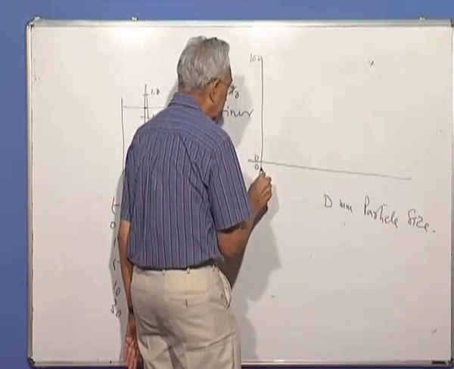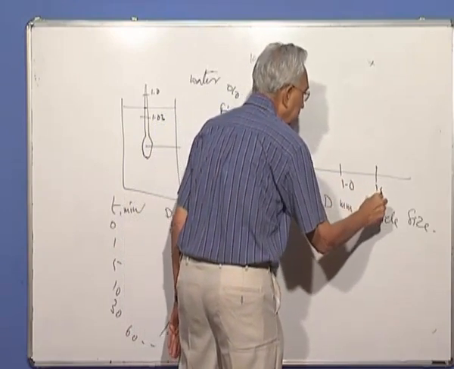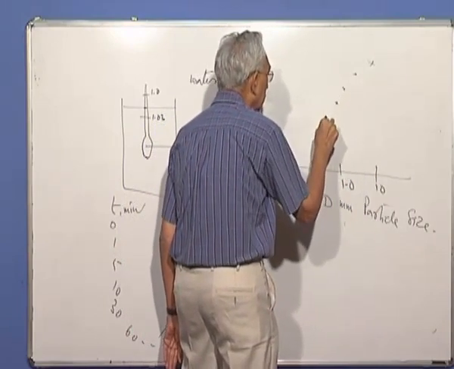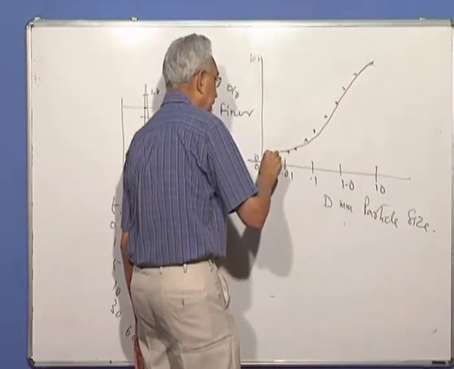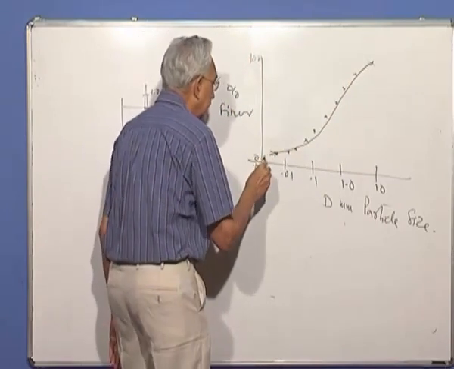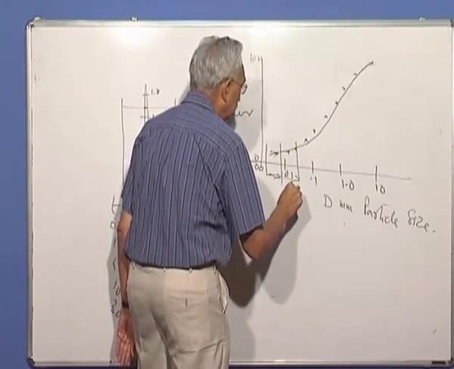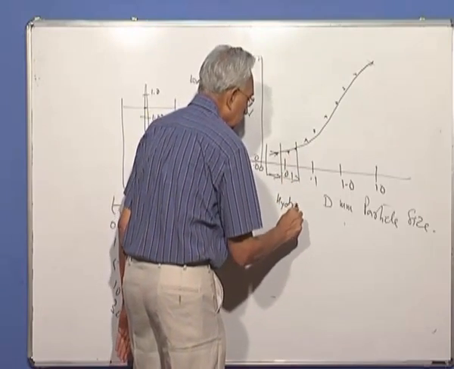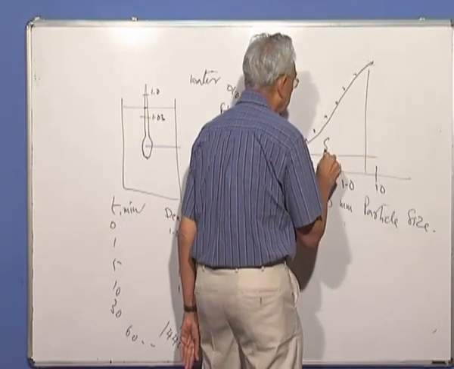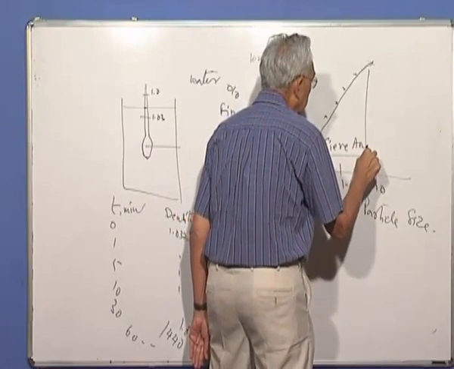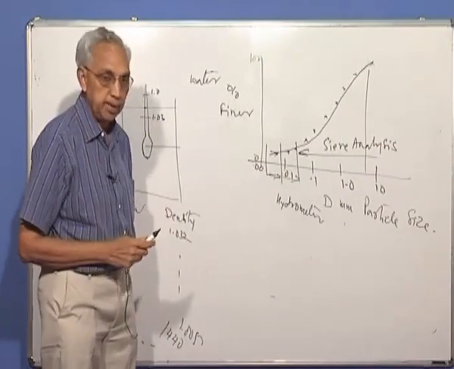This one goes from 0.001, 0.01, 0.1, 1, 10, etc. And I can draw a graph like this. And what we find here is from here to here is through hydrometer analysis. I'm sorry, here. And from here to here would be sieve analysis. So you have a complete distribution of particle sizes.